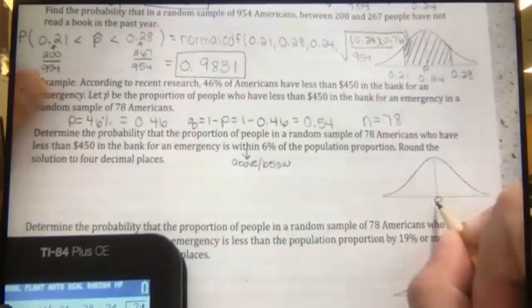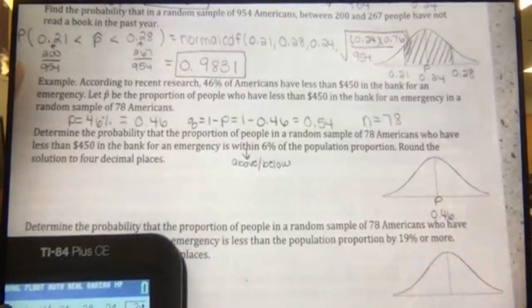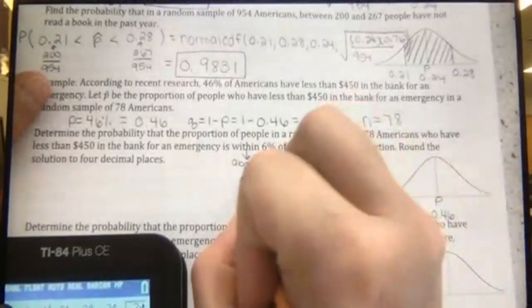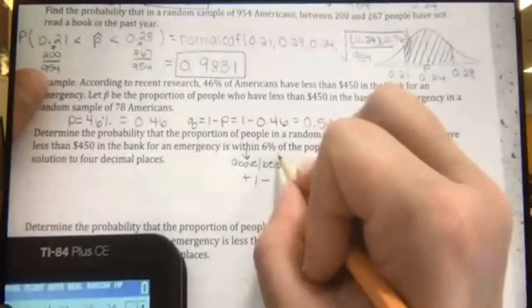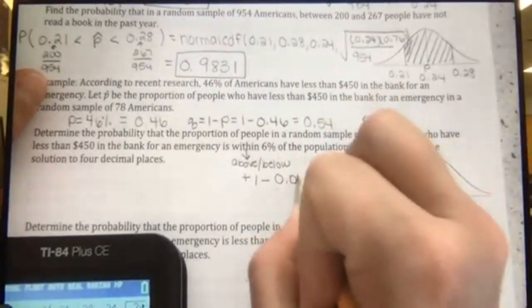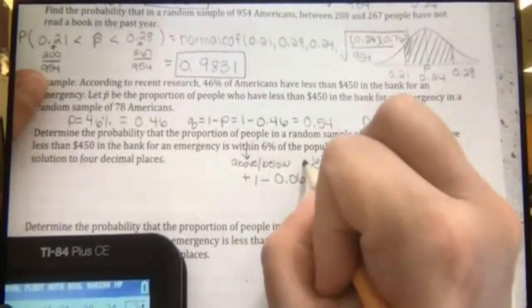In the middle is our p-value, which is 0.46. And we're going to go above and below. Above means adding, below means subtracting. 6%, so 6% is 0.06. Move our decimal 2 places to the left.